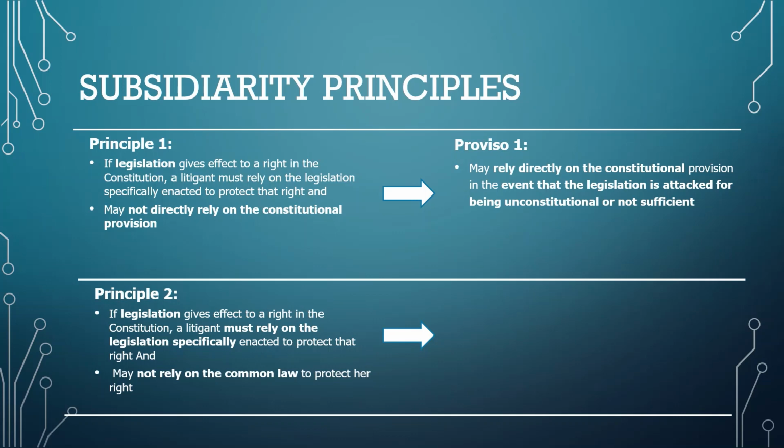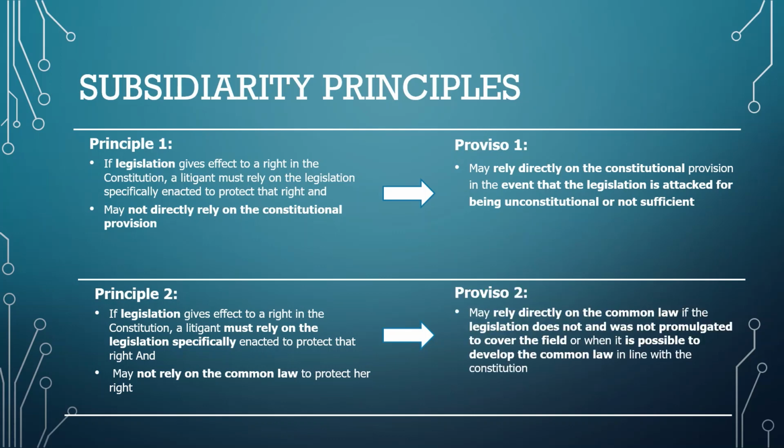Secondly, where it was not meant to cover the infringement, and thirdly, where it cannot be interpreted to cover the infringement. Importantly, however, it is necessary that the common law remedy or the common law cause of action that is considered here must be in line with the Constitution, or it must be possible to develop it in line with the Constitution. So that is then the second proviso, or the proviso to the second principle.